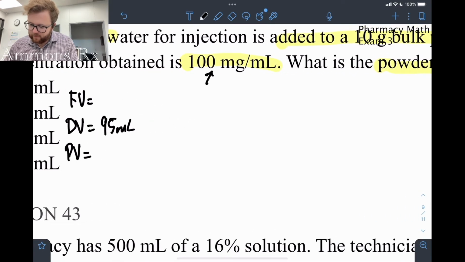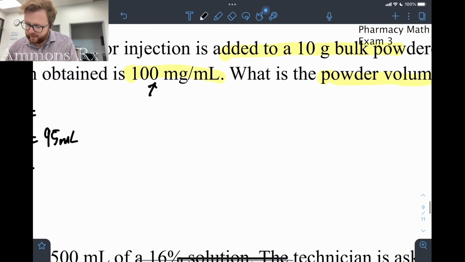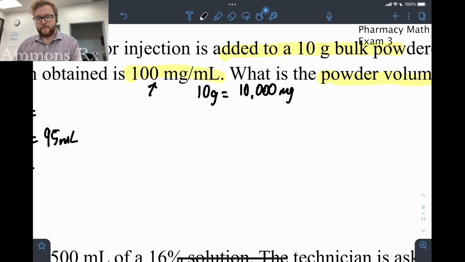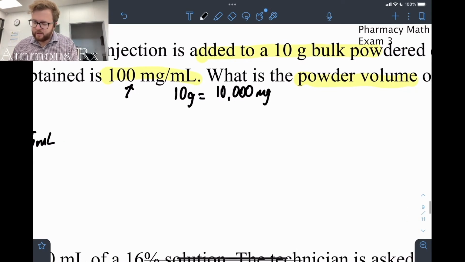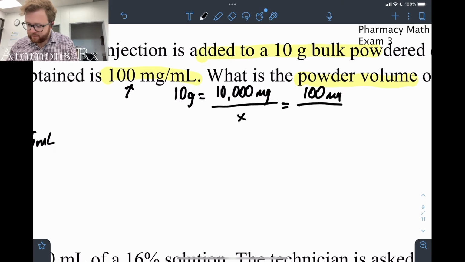Okay, we're going to have to pull our final from our concentration because we had 10 grams. 10 grams is how many milligrams? 10,000. Okay, so 10,000 milligrams is going to end up being 100 milligrams per mil.